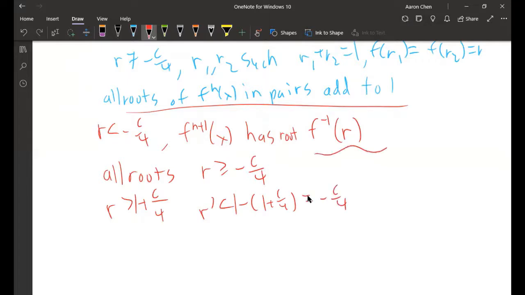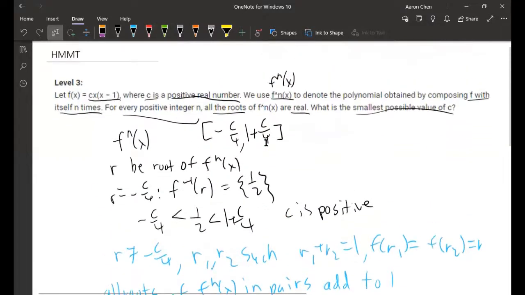And we have already shown that this does not work. And so that just shows that our bound of the roots is true.